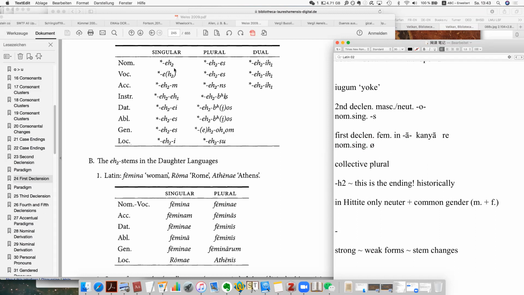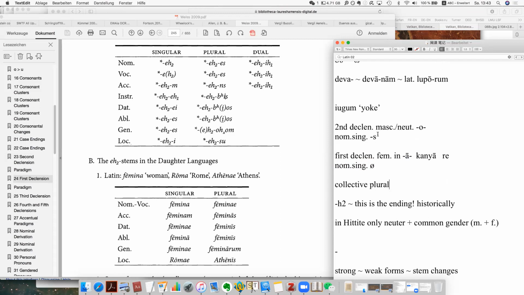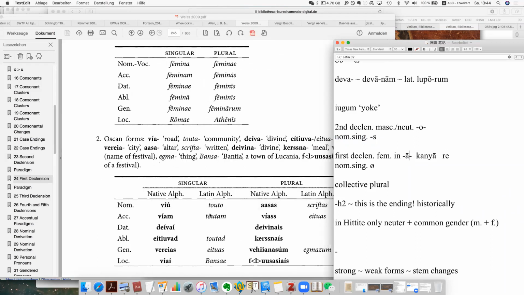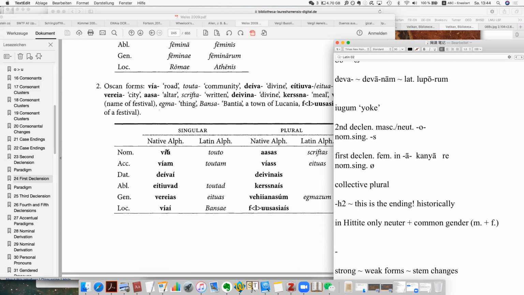Then we don't have an ending for nominative. And then for other second declensions, this is S. So this is okay. This is probably for the first declension.